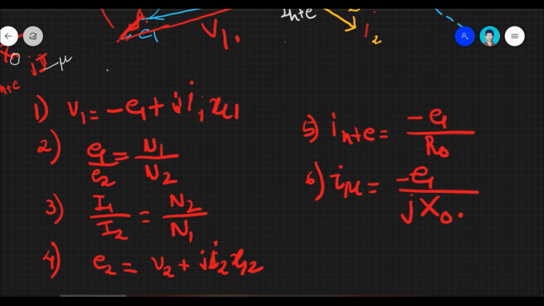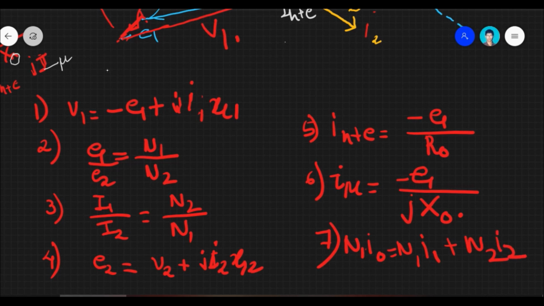These are all the equations that we have here, and also equation number 7, I naught is equal to, actually the correct equation should be like this, N1 I naught is equal to N1 I1 plus N2 I2.